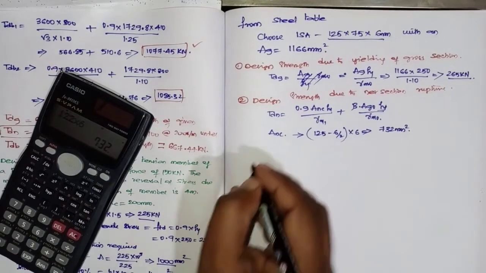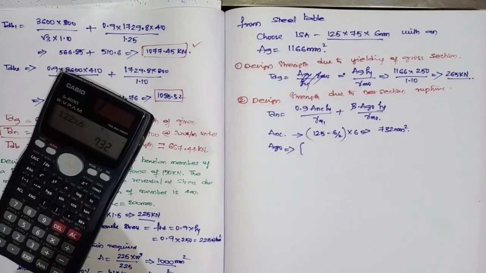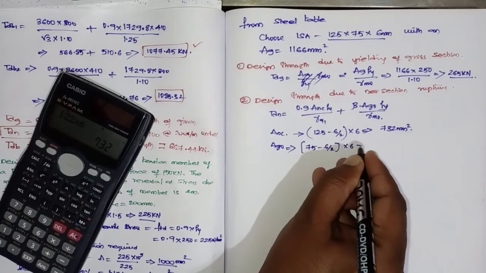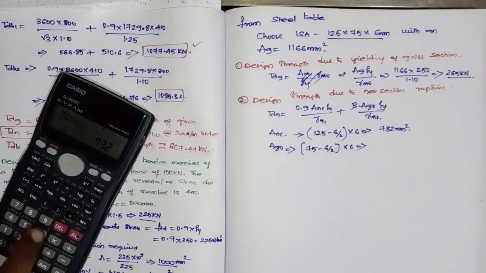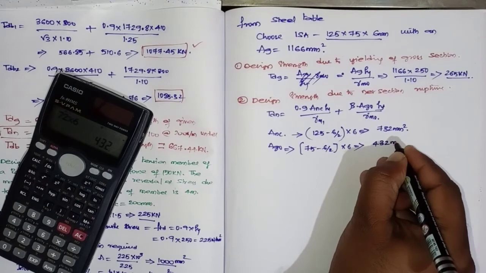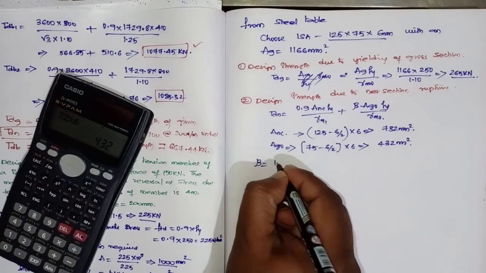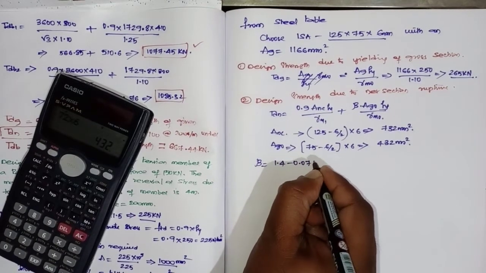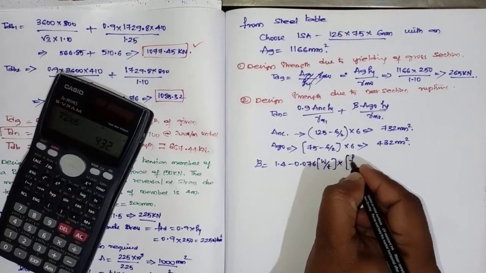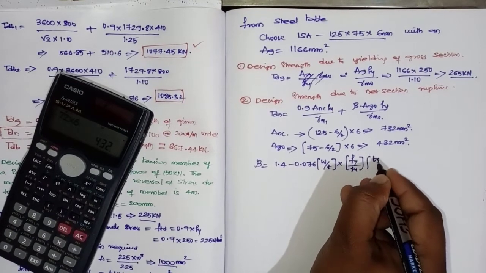Next, Ago. What is the outstanding leg? 75. So 75 minus 6 by 2 into 6, so 72 into 6. It is 432 mm square. Next, what is the beta? Beta equals 1.4 minus 0.076 into w by t into Fy by Fu into bs by Lc.